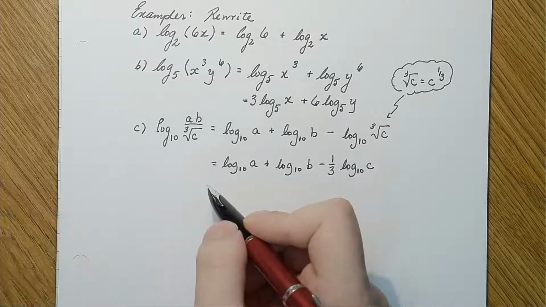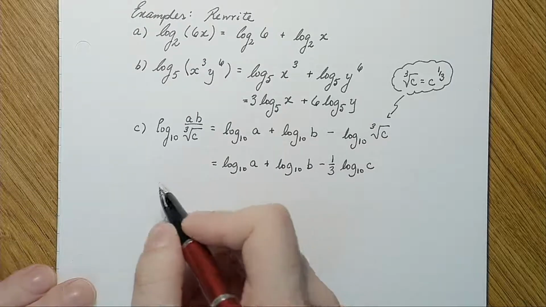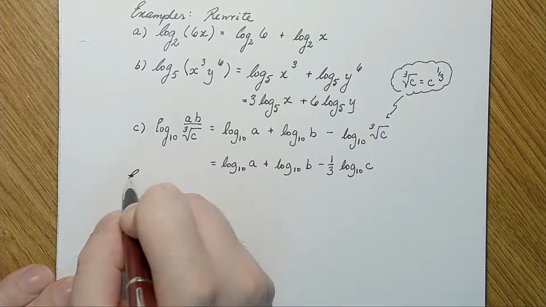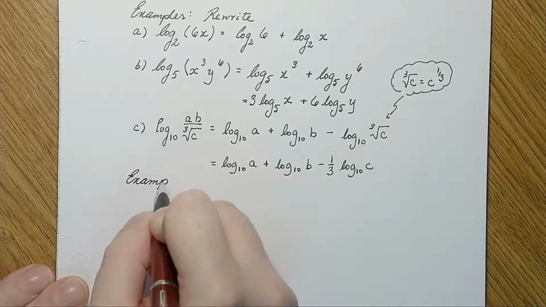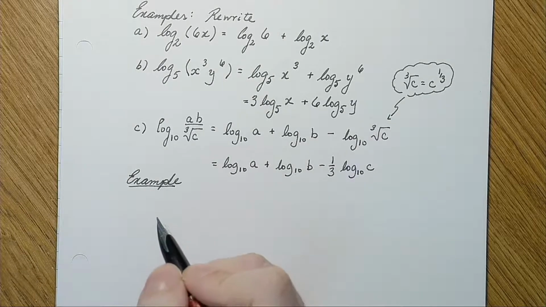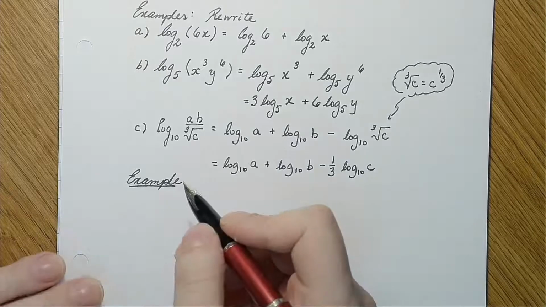Okay, so those are just straight applications of the rules. Another way, again, for a straight application of the rules is to rewrite a string of logarithms into a single log.